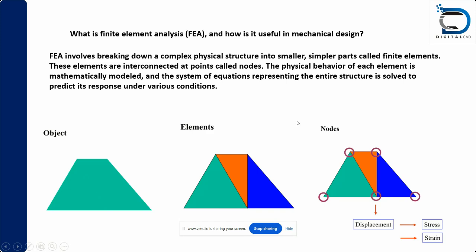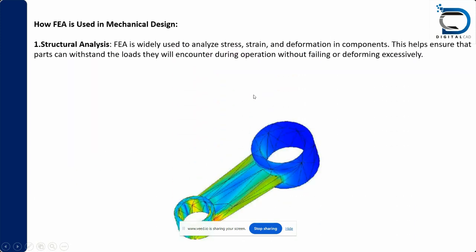Then the uses of FEA in mechanical design. First, we use FEA for structural analysis. FEA is widely used to analyze stress, strain, and deformation in components. If I apply a specific load, how much deformation, stress, and strain happen in the component?